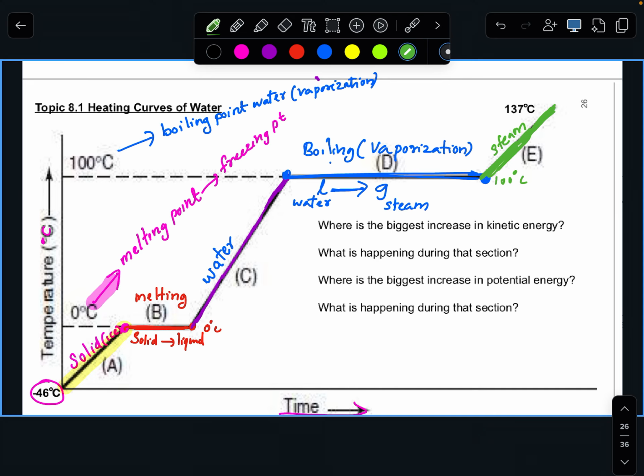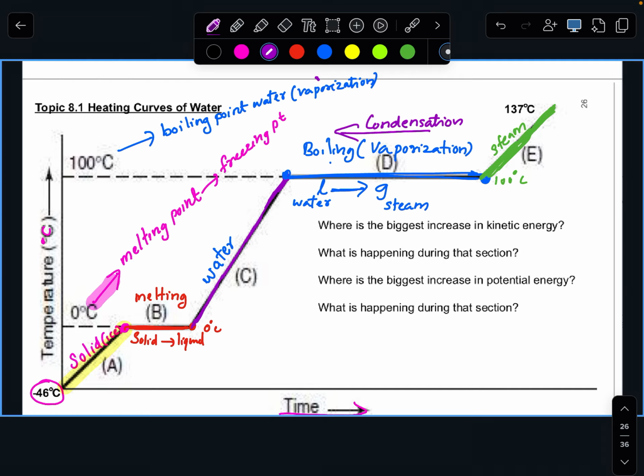If you are cooling from the steam, that will be the opposite. What will be the opposite of vaporization called? Condensation. Just include that terminology there. Sometimes you need that. When you cool steam, it will convert from gas to liquid. That is called condensation.